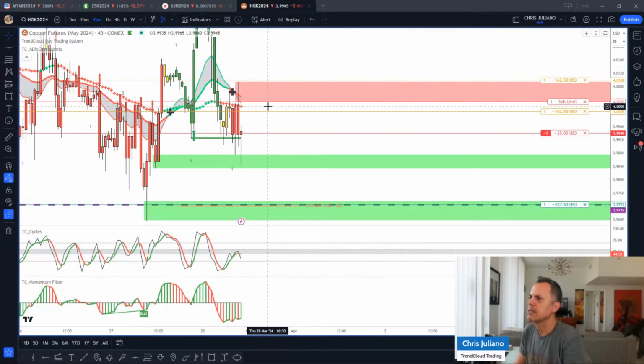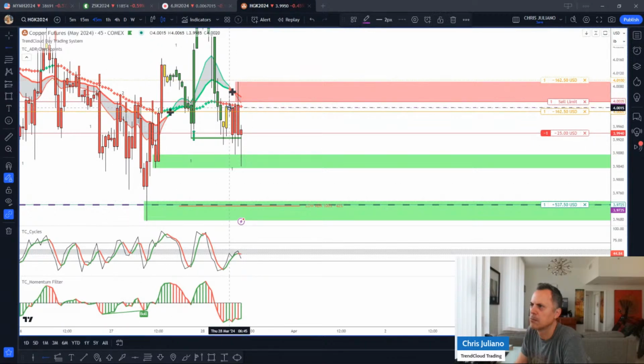It's right here, isn't it? It's right here at our 50 simple moving average, right? Right here. That's the 50 simple moving average on the 45-minute chart.